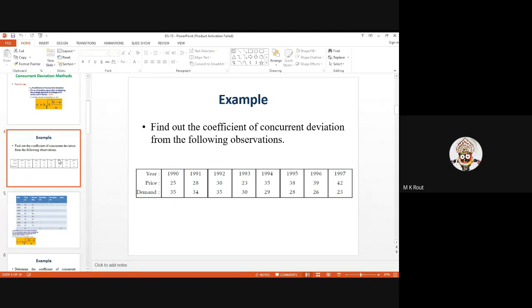Similarly, the demand is 34, 35, 34, 35, 30, 29, 28, 26 and 23. Just note down the data, then I will proceed to calculate the concurrent deviations.